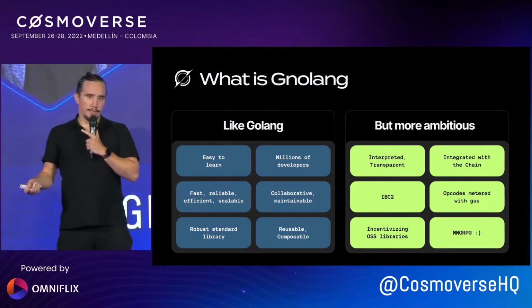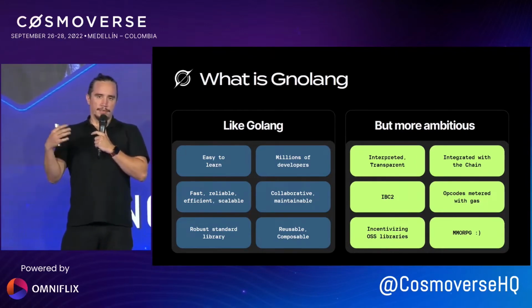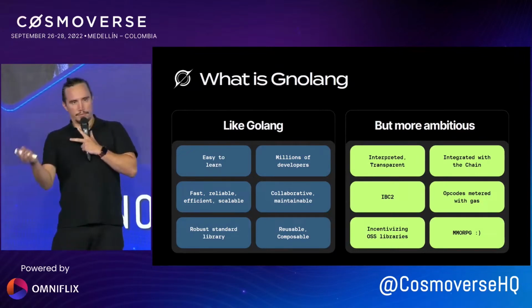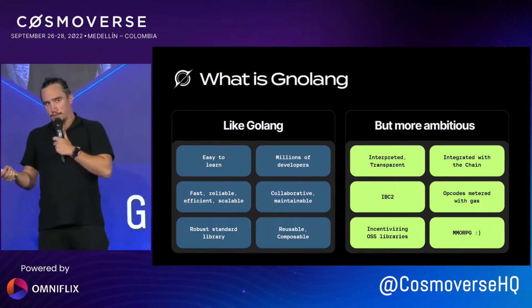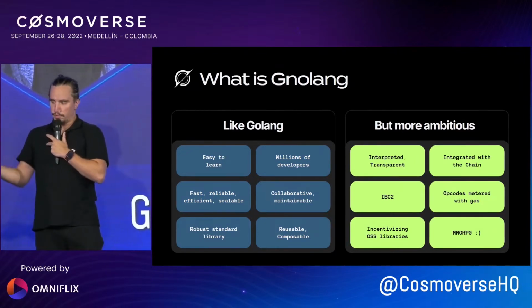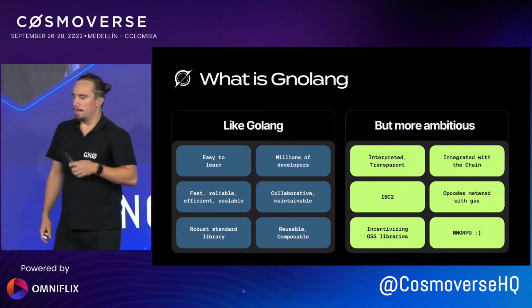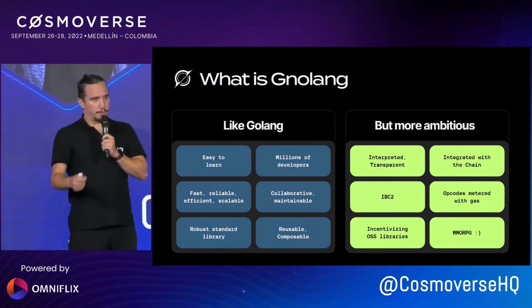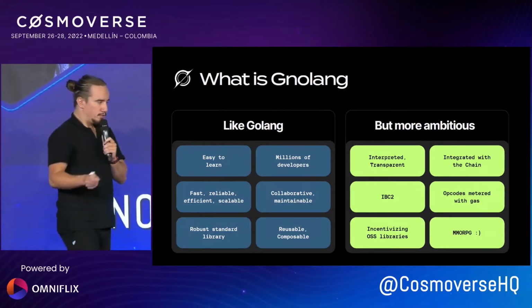Our plan is to make it like writing a standard app, but for the contract. So we hope to be a good entry point for the Web3 for those developers. And Golang is very good for reusability and composability.